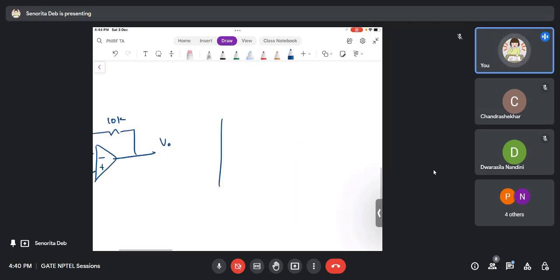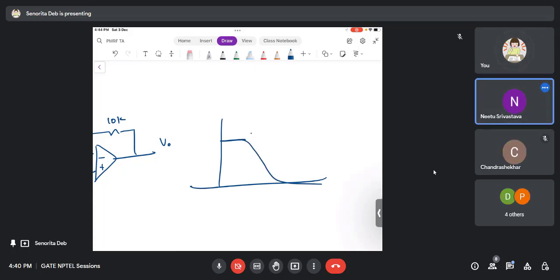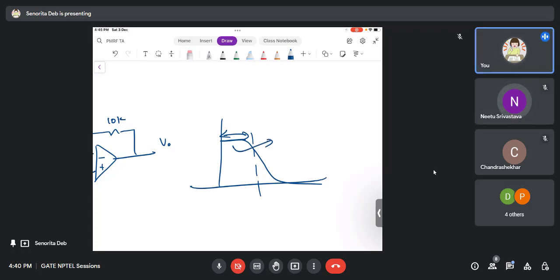Since this is a low pass filter like this, the pass band is this, right? So this is the gain they are talking about, pass band gain, which is nothing but the DC gain or the low pass filter gain. Anything they can write, because the gain is only in that part. After that, it is attenuation.